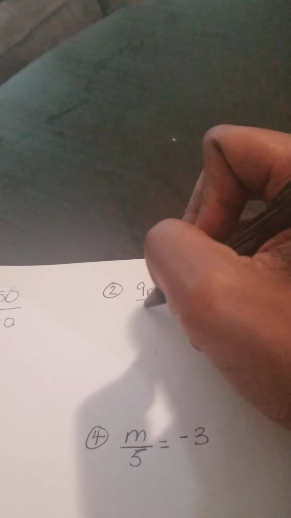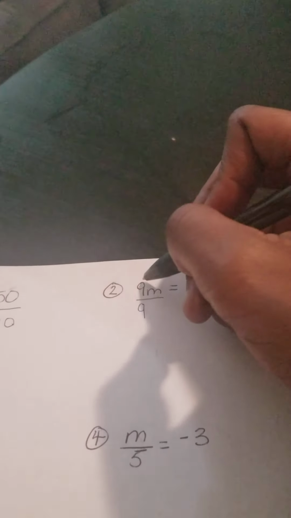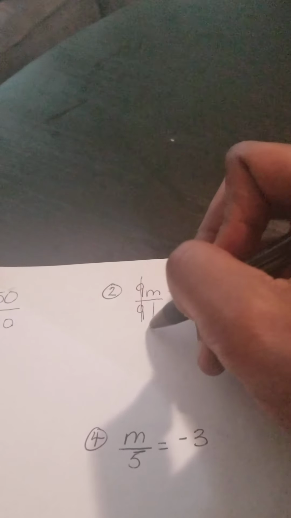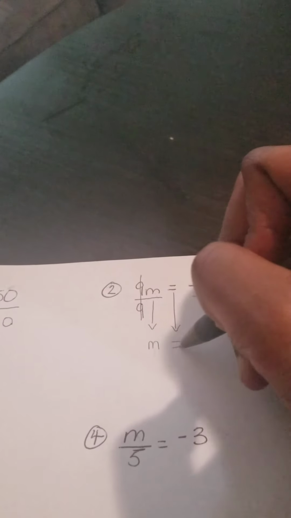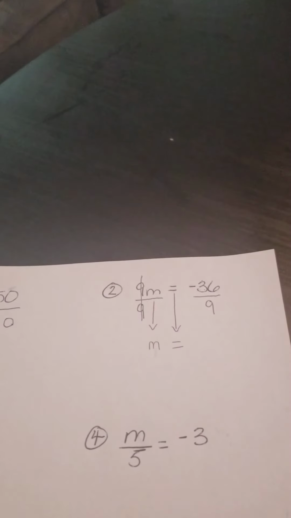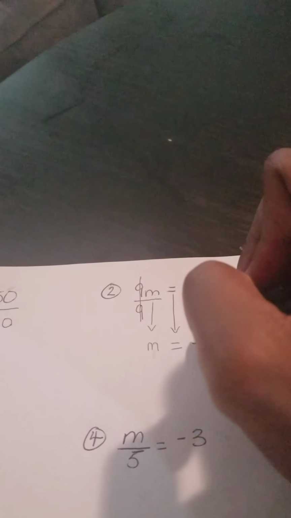Since it's multiplication, I have to divide on both sides. I cancel that. Bring down my m. Bring down my equal sign. And then we do 36 divided by 9. 9, 18, 27, 36 is 4. And then we just put that negative sign right in front of it.